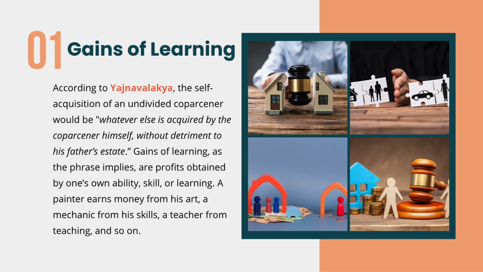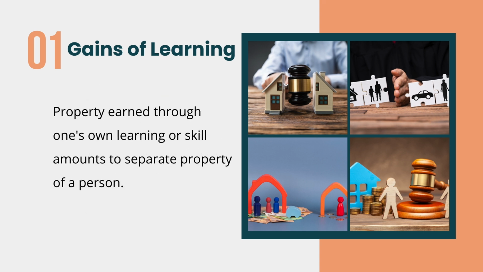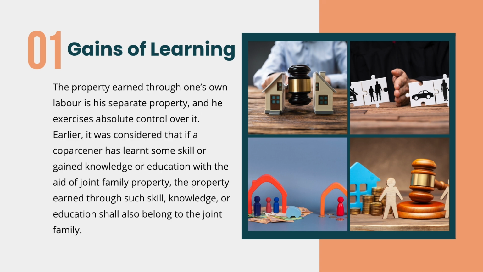A painter earns money from his art, a mechanic from his skills, a teacher from teaching, and so on. Property earned through one's own learning or skill amounts to the separate property of a person. The property earned through one's own labor is his separate property, and he exercises absolute control over it.